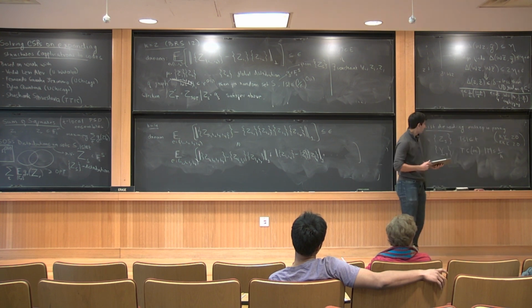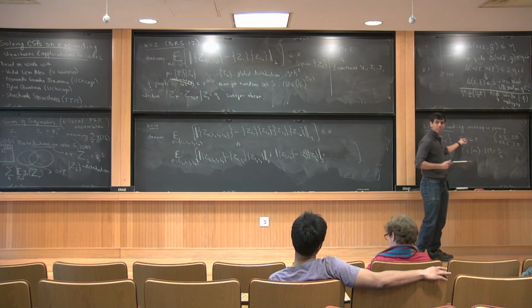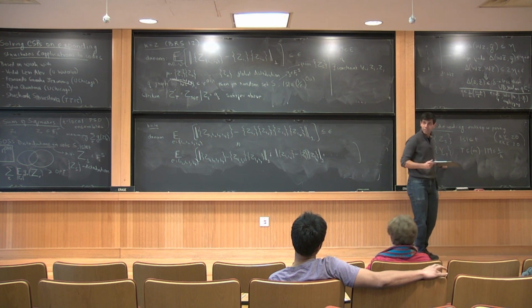Each of these bits only depends on k bits here. So I can use these local distributions to define ones here.